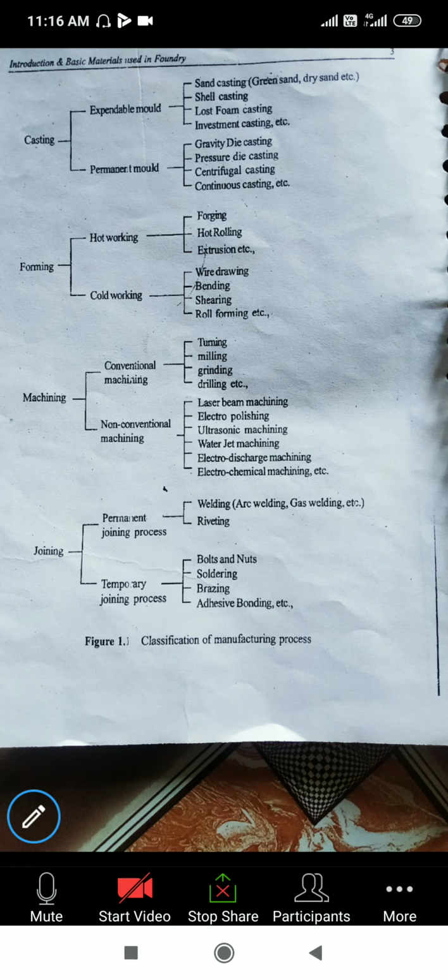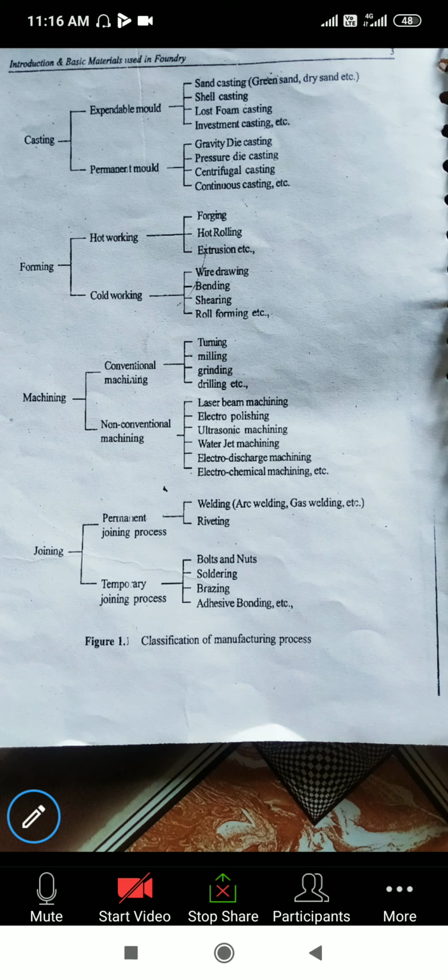You have done turning operations, you have experience of turning operations in the third semester. Milling you have also undergone, grinding also, and drilling also. All these four machines you have seen, and how these operations are carried out.